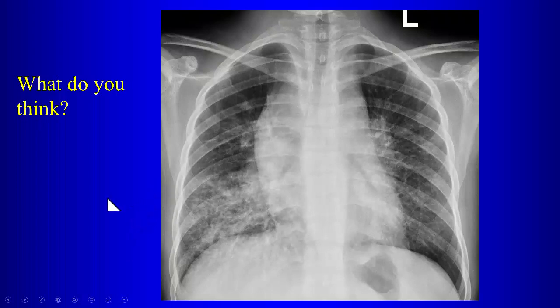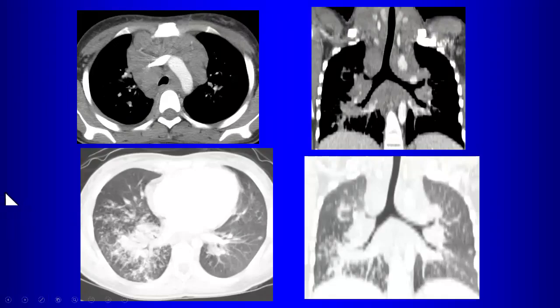Okay. So there you go. What do you think this is? So what was causing the mediastinal widening? Lymphadenopathy. Then here we have airspace disease.